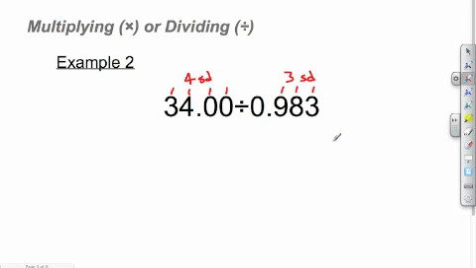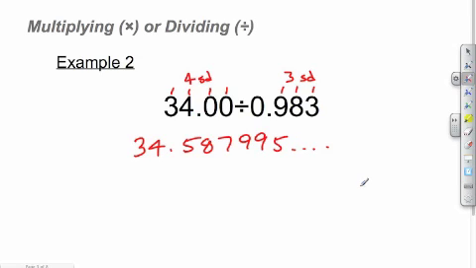So when I punch this into my calculator, 34.00 divided by 0.983, I get an answer from the calculator of 34.58799, and then a bunch of other numbers as well.